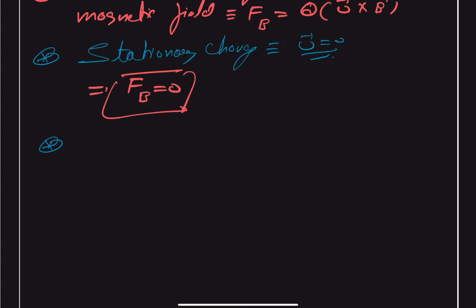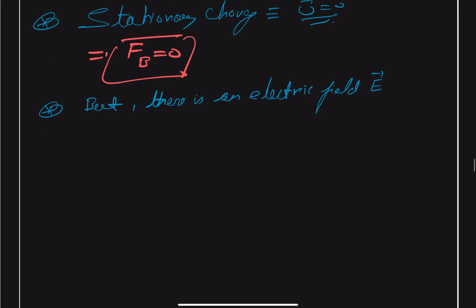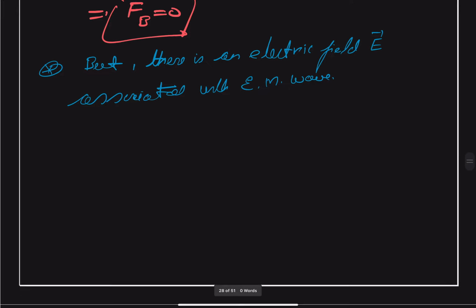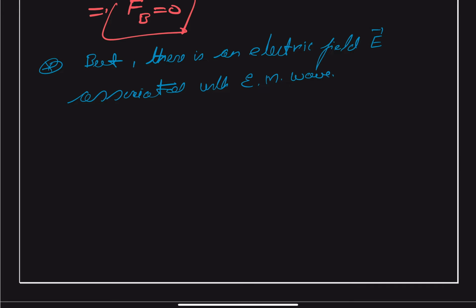So we can say, but there is an electric field, let us suppose that is given as E, associated with the EM wave, and the force due to this electric field is given as charge multiplied by electric field.